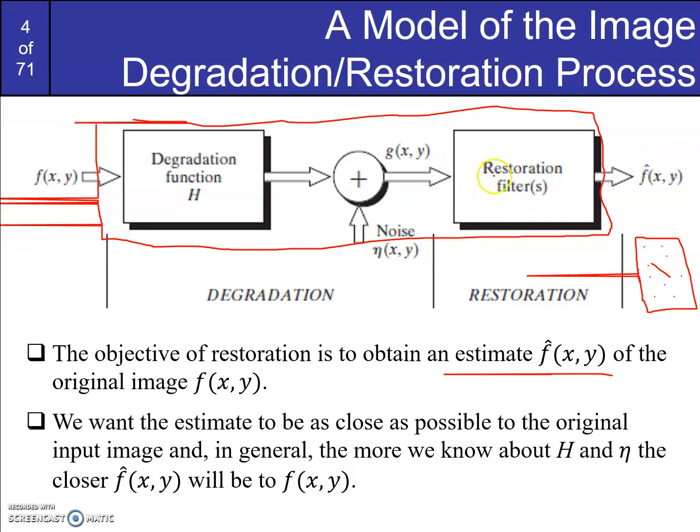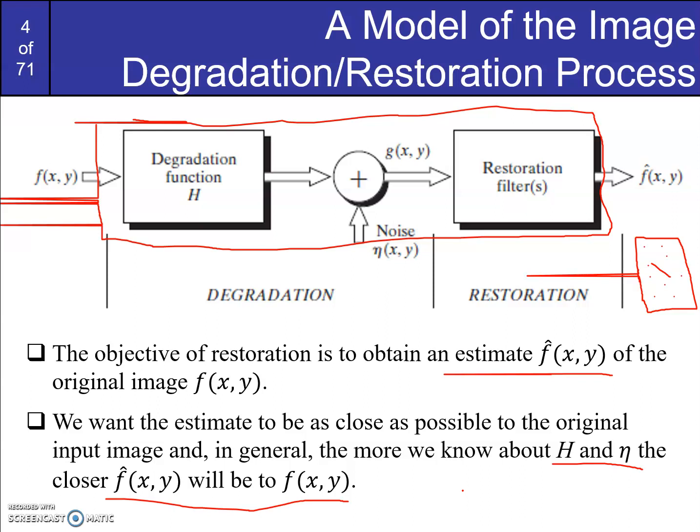And to restore it, I'll have a certain restoration filter. My objective is to estimate this so that I get it closer to the original. Here it is written that we want the estimate to be as close as possible to the original input image. In general, the more we know about H and N, the closer f hat x comma y will be to f x comma y.